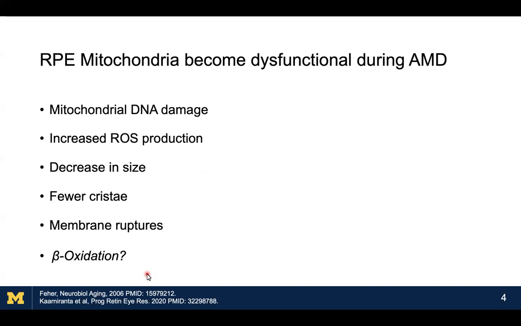And do we know if beta oxidation in the mitochondria is specifically dysfunctional or damaged? And the reality is we don't know. We don't have enough evidence in the literature to show whether or not it's beta oxidation specifically that is dysfunctional during AMD.